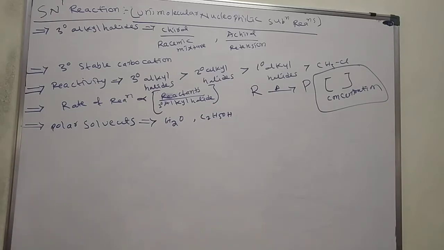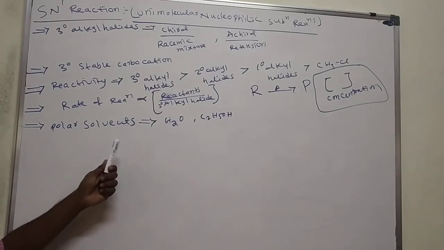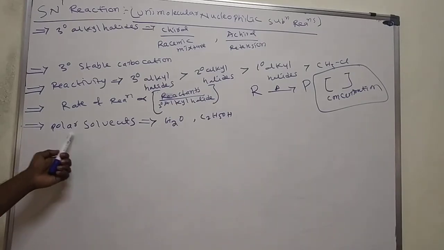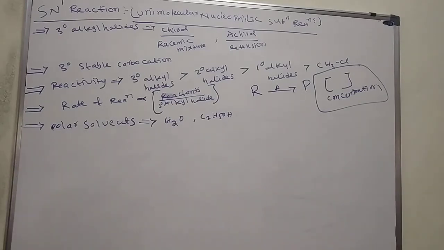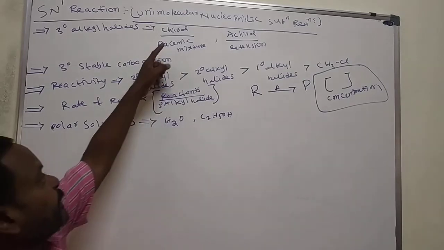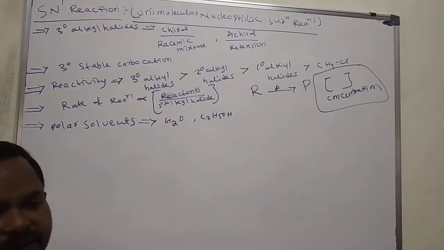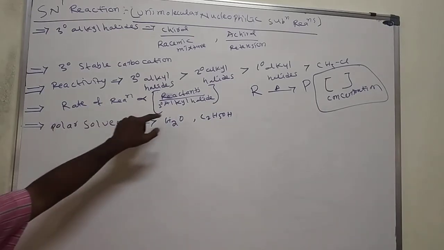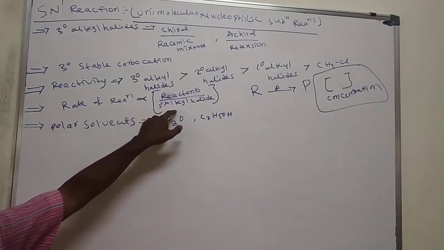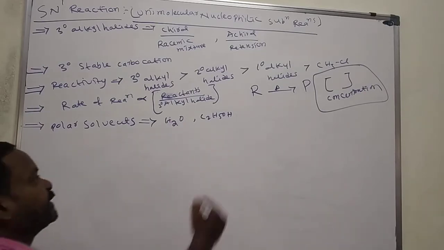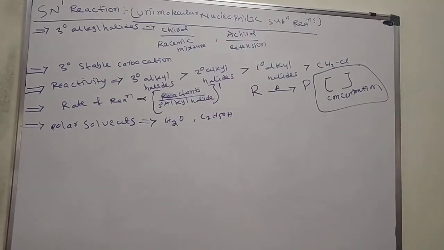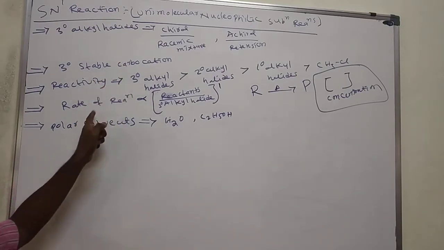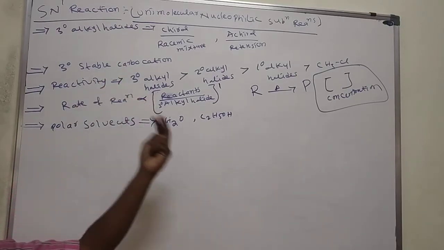The SN1 reaction is suitable for polar solvents. And one more thing: it is called a unimolecular nucleophilic substitution reaction. What is the meaning of uni? The rate of the reaction depends only on the concentration of alkyl halide, only one term. That's why this is called unimolecular. If it depends on two terms, bimolecular.